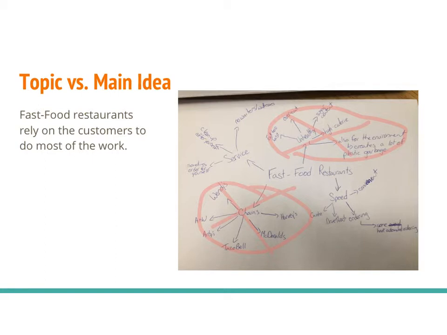Over here, we look at how you don't have any waiters or waitresses, you clean up after yourself, sometimes you even order for yourself. And also this idea that you walk up to the counter, there's a drive-through, those maybe are going to connect to your main idea.